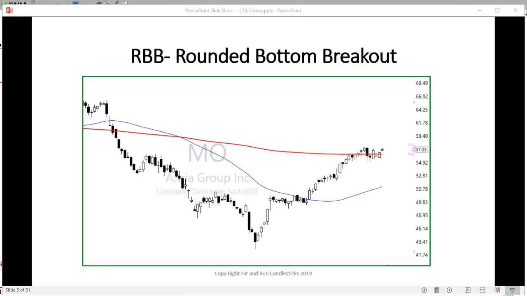What I mean by that is I'm looking for trades basically from this 50-day simple moving average, that's the blue line, to the red line, which is the 200-day simple moving average. And what that does is it captures price within an area.